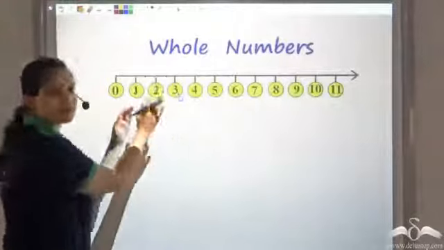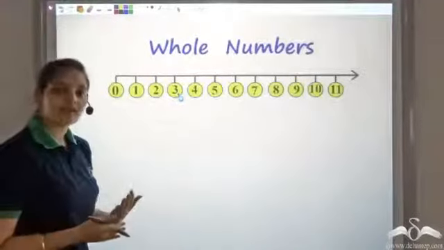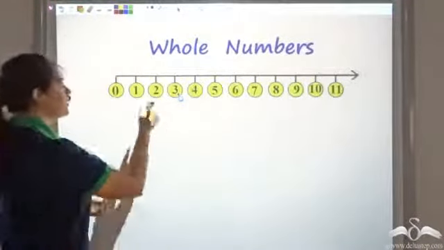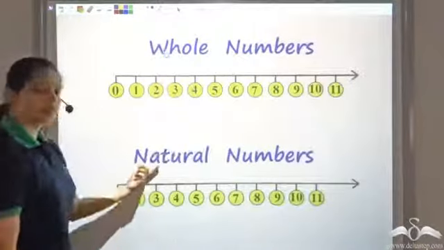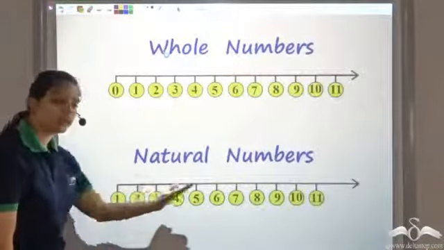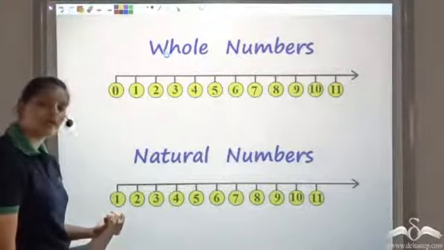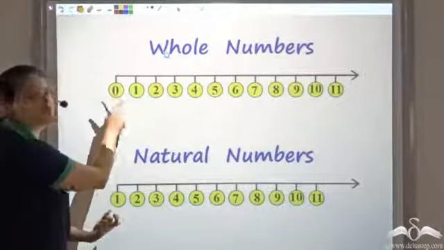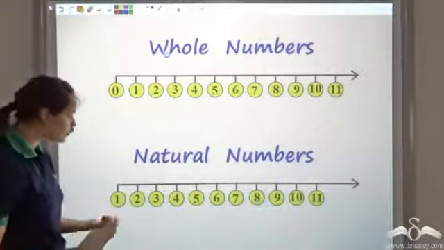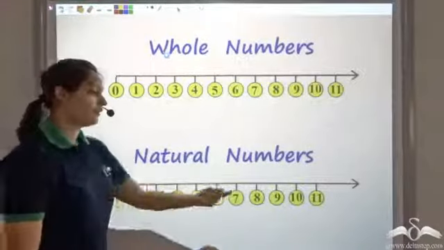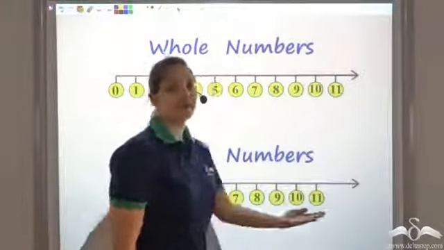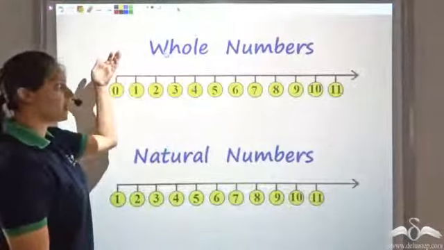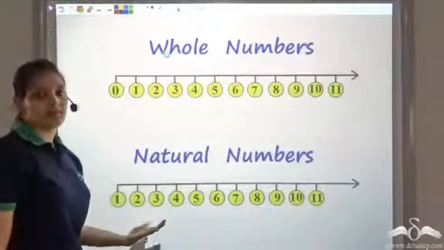Now if I can represent whole numbers, I can obviously represent natural numbers too. So natural numbers would again be represented on a number line, but they'll start from 1 because 0 is not included in the natural numbers. So you start from 1, again an arrow showing they are infinite in number. So that's how you can represent whole numbers and natural numbers.